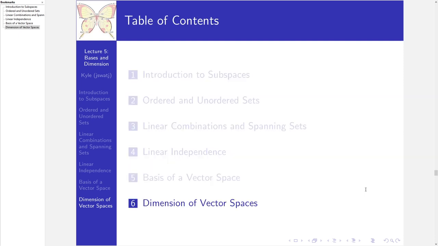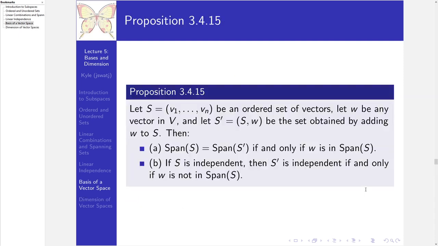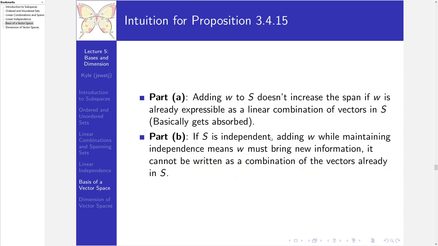Because if we add an element to the spanning set, it gets absorbed. So there are two cases: if we add something, it'll get absorbed, and if it's independent and not in the span, then we can add it and keep adding.